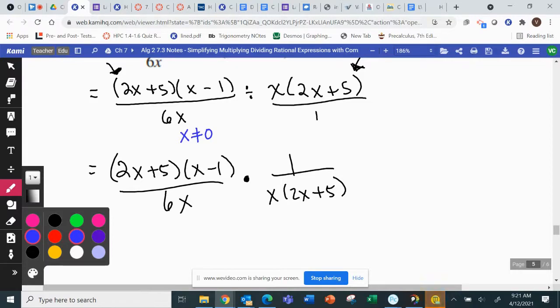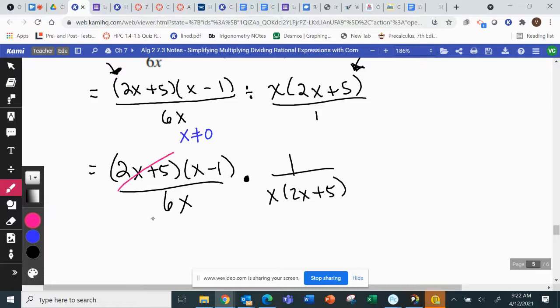You're thinking of something that you learned, maybe 8th grade, maybe in Algebra 1, called cross-canceling, where if it's multiplication, like where I am right now, I could go ahead and cancel those, because when I multiply, they're all going to become one big fraction.